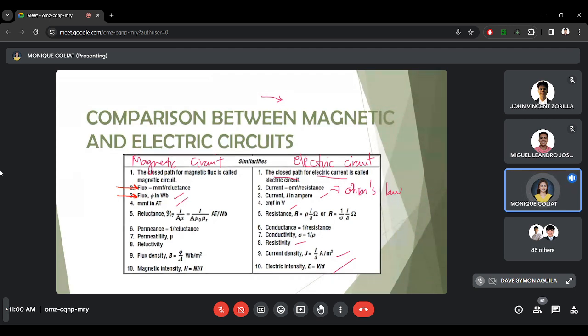Reluctance is equivalent to L over A times permeability, or L over A mu o mu r, which is in terms of ampere turn per Weber. Here, the resistance R is equal to rho L over A, where rho is resistivity, or R is equal to 1 over conductivity.